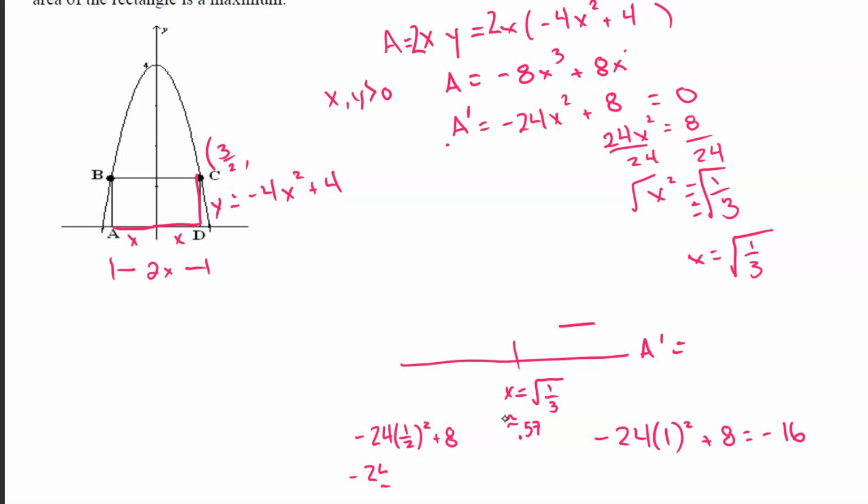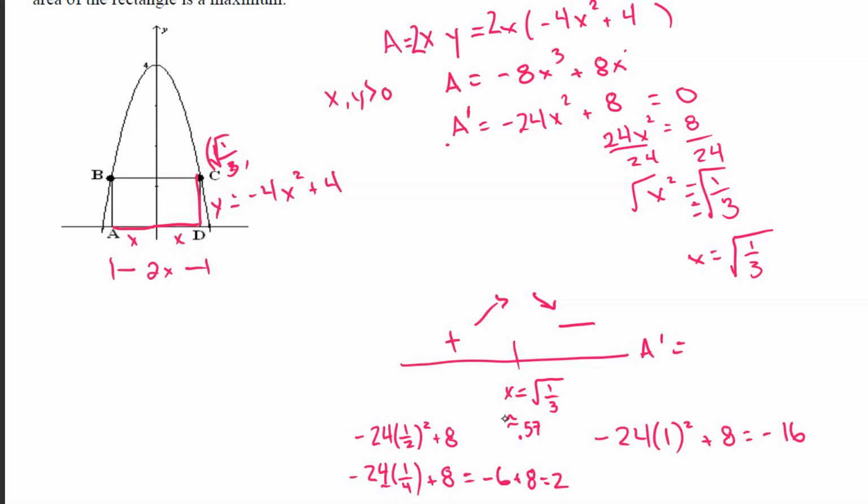So -24 times a half squared would be 1/4 plus 8. So -24 divided by 4 is -6 plus 8 would be 2. So we're positive. So we've got a max when x equals square root 1/3. So our x coordinate, square root 1/3.